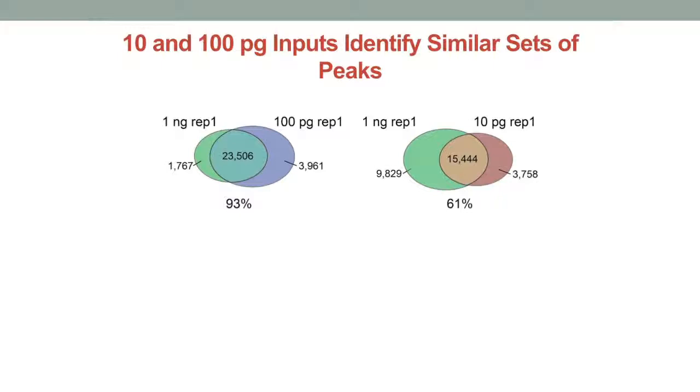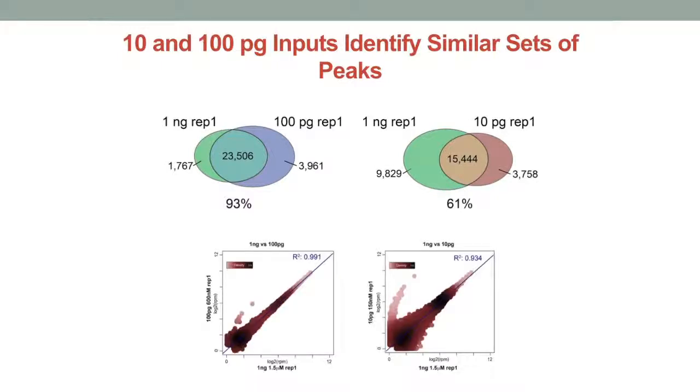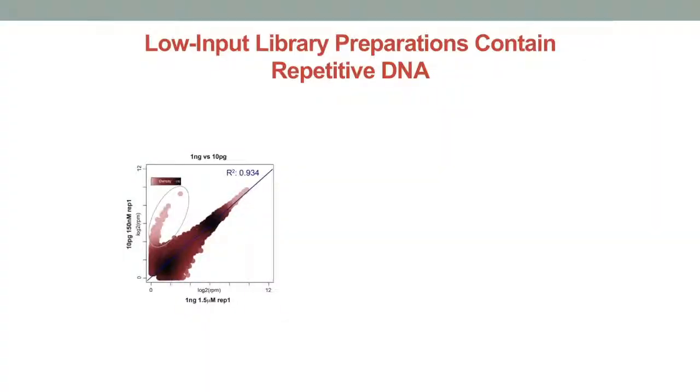If we start to look at correlation plots between the 1 nanogram on the bottom and either the 100 picogram or the 10 picogram sample, we still see a very nice correlation of signal intensity or read depth at every peak. However, you might have noticed that there's this arm that starts to come out, especially in the low input samples. It's peaks that are sequenced that have a lot more reads in the 10 picogram than in the 1 nanogram.